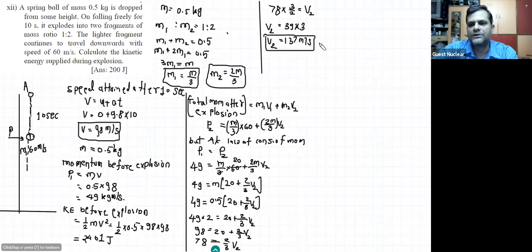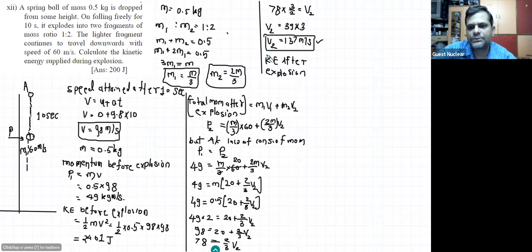Once you get that, we can now work out the change in kinetic energy, because we want to find the kinetic energy during the explosion. So let us find the total kinetic energy after the explosion. How can we get that?